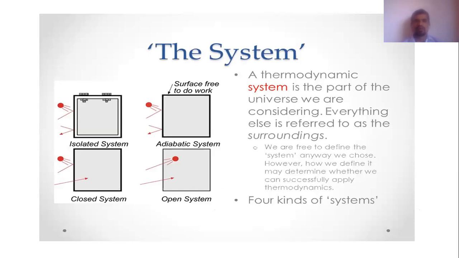This system is again classified into four types, that is isolated, adiabatic, closed system, and the open system. These systems are explained by using this diagram. In upcoming Google Classroom, we will study the system and its types also.